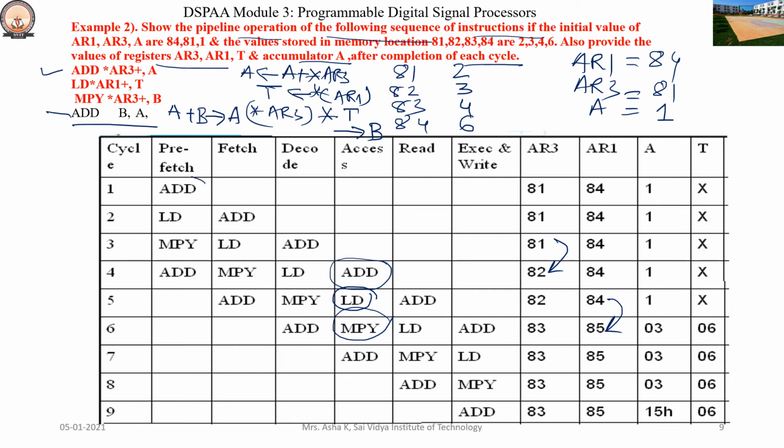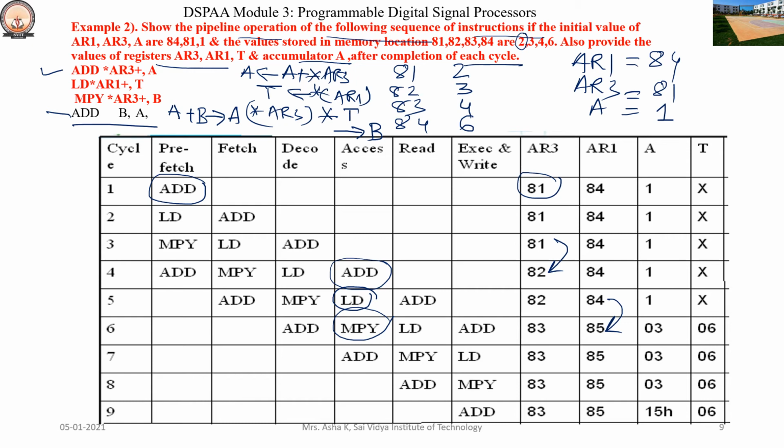Consider when add is in the prefetch phase: the auxiliary register is pointing at address 81, and the content present there is 2.